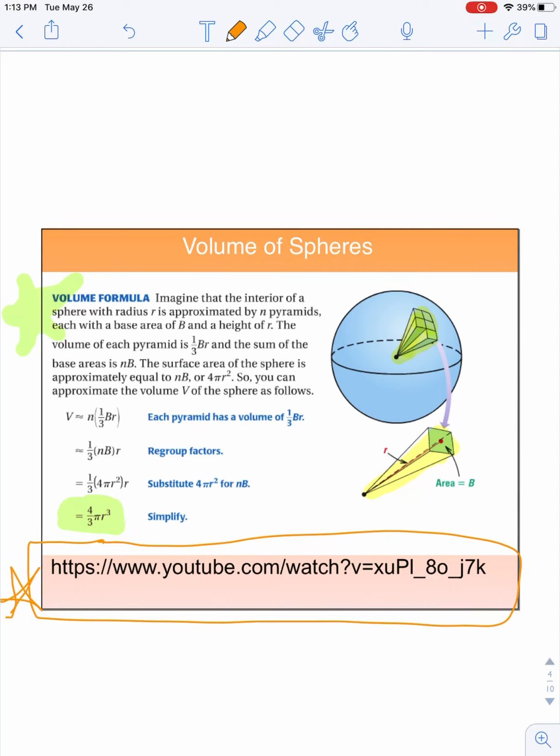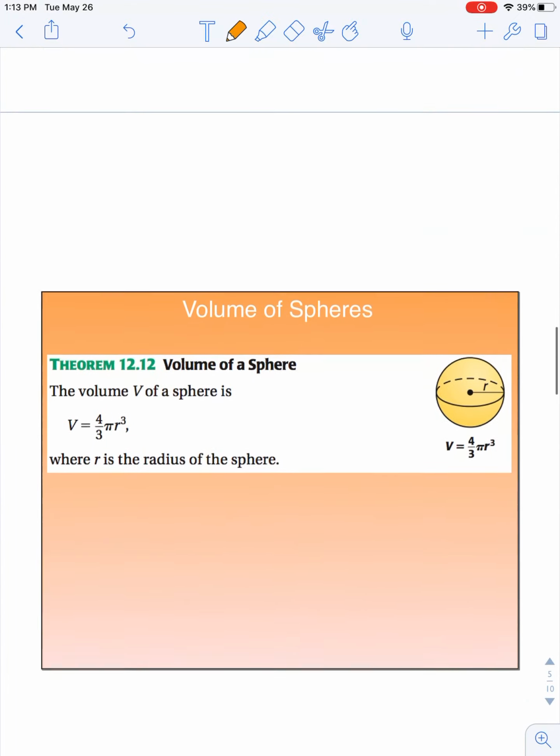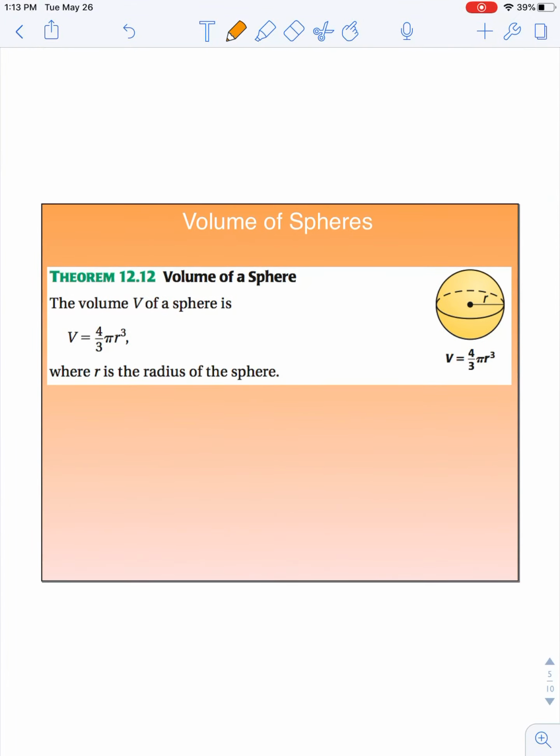Some of you need something to challenge yourself in these days when we're not face to face. I would encourage you to watch that video and see if you can understand where this is all coming from, because it turns this whole pyramid idea into a simple formula for the volume of a sphere. So the volume of a sphere is 4/3 pi r cubed, where r is the radius.